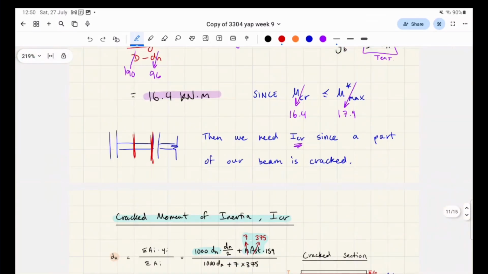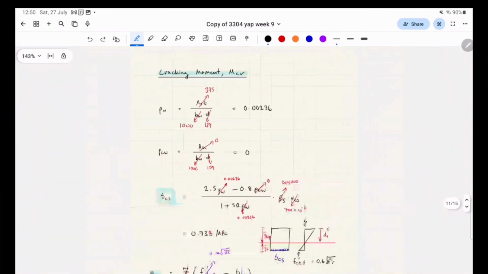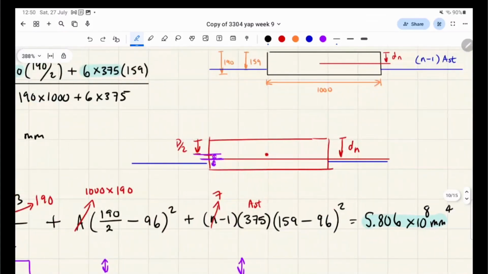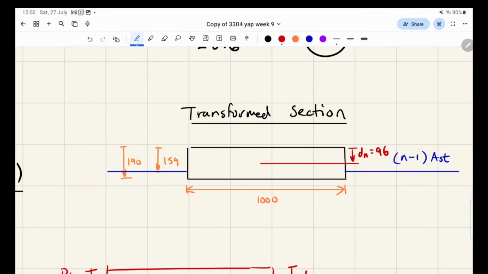Basically, before it looked like this. It's not a good drawing, but probably like this. Before it was uncracked, dn was 96. So what happens once it reaches the cracking moment is that the tensile concrete starts to give, and it's brittle, so it gives very quickly and these cracks start rising.